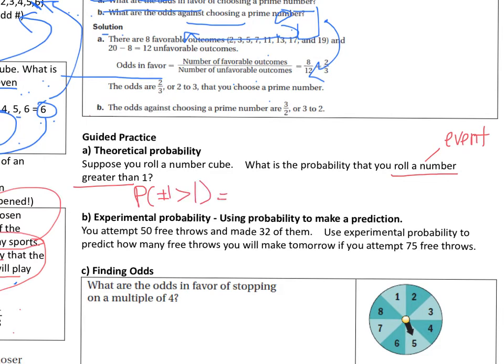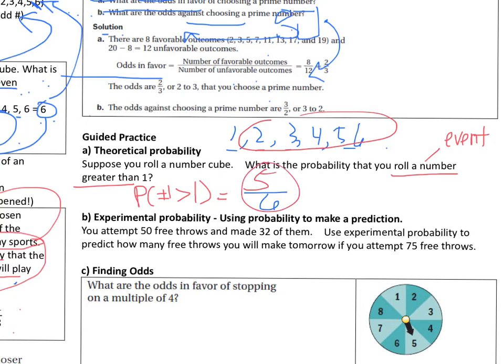And my total possible outcomes are 1, 2, 3, 4, 5, 6. So I have 6 possible outcomes, and I'm going to put that in the denominator. Of these 6 numbers, 5 of them are greater than 1. So I would put that in the numerator, and this would be my answer.